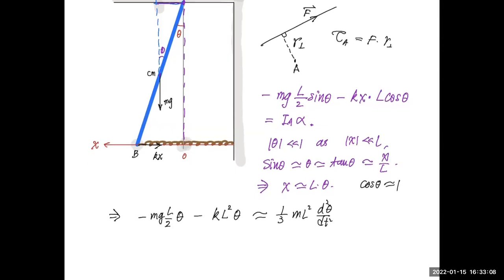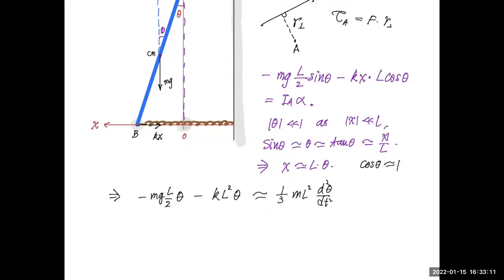Now is this simple harmonic? Well, what's the signature of a simple harmonic motion? What kind of equation of motion do we get? The equation of motion of a simple harmonic oscillation is that the restoring force or restoring torque is linearly proportional to the displacement, either x or theta. And is this the case?